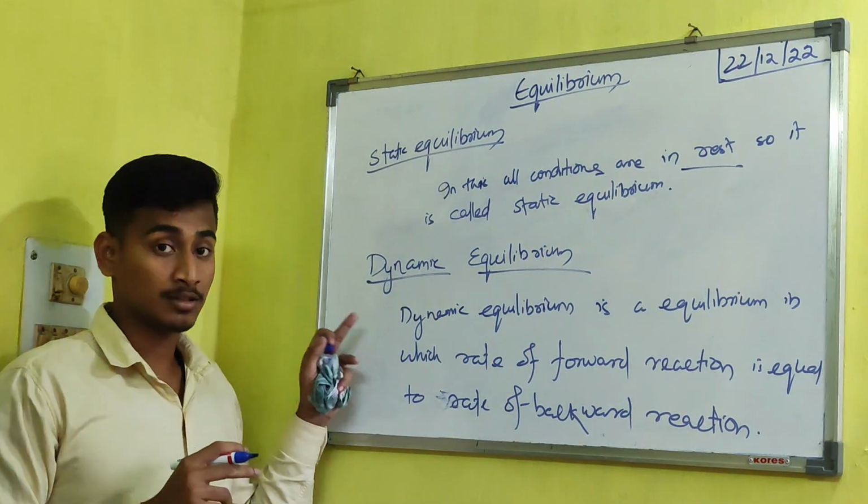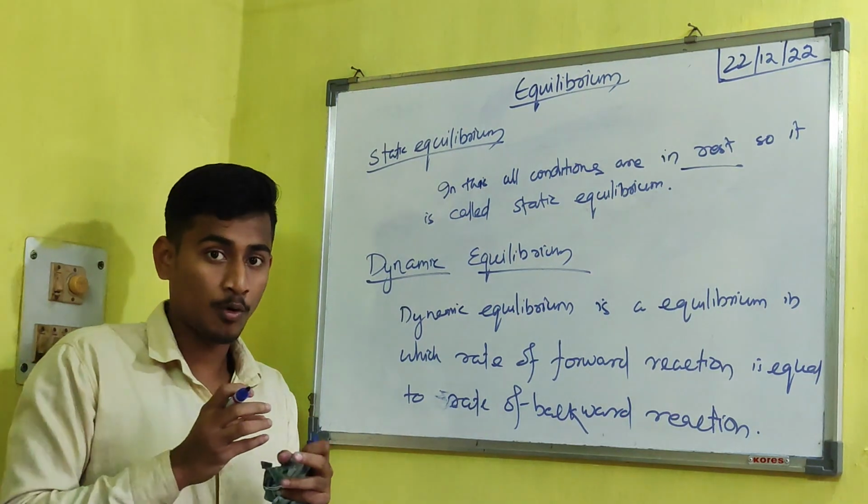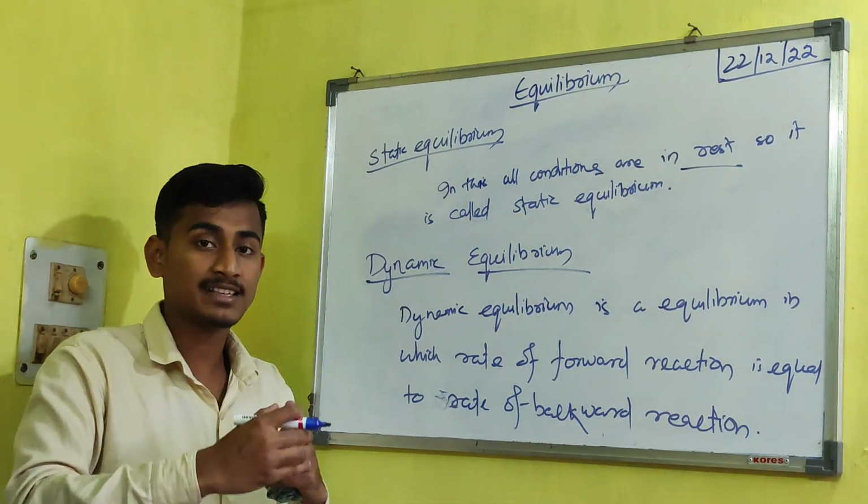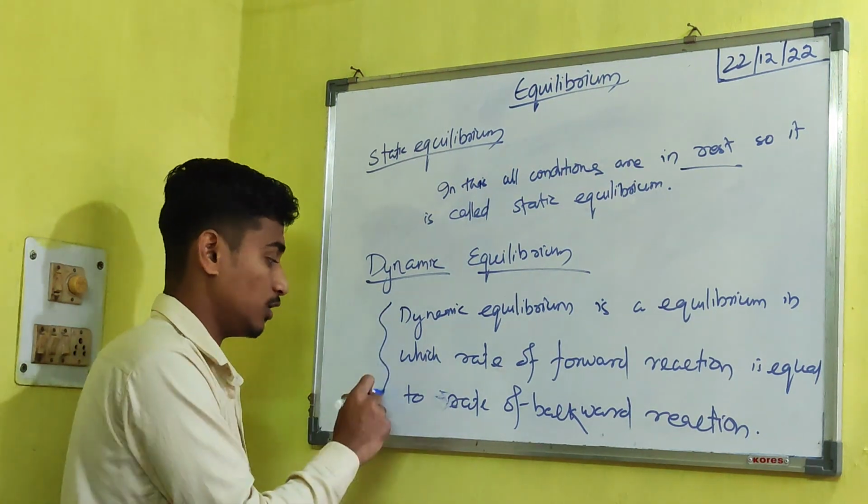In the shopping mall, 10 persons are going into the shopping mall and 10 are exiting the shopping mall. That was dynamic equilibrium.